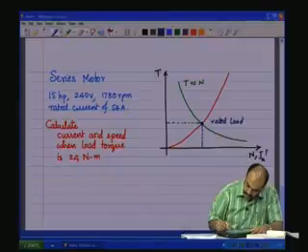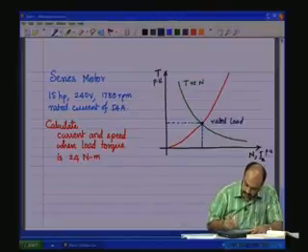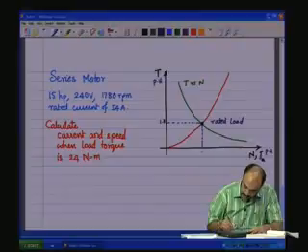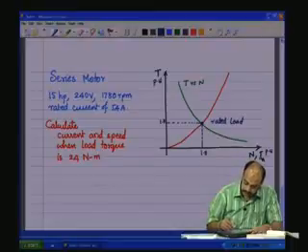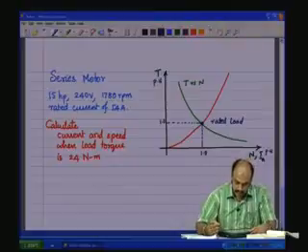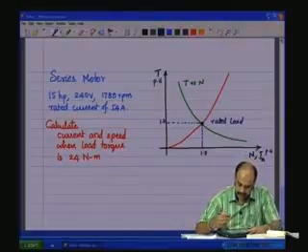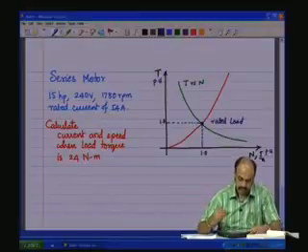So, if we say these are all in per unit values, this is also in per unit values, and this would be 1.0. So, at rated current, 100% current, there is a 100% torque. This is the graph which is also given to us.